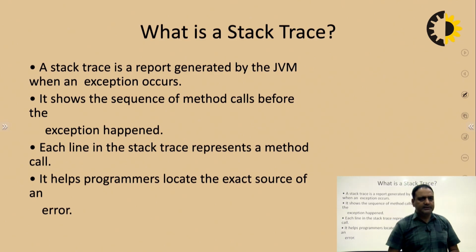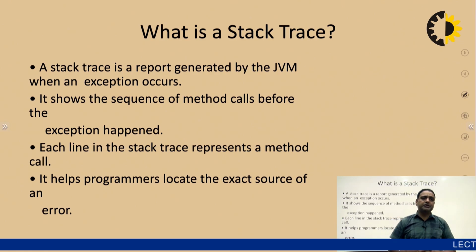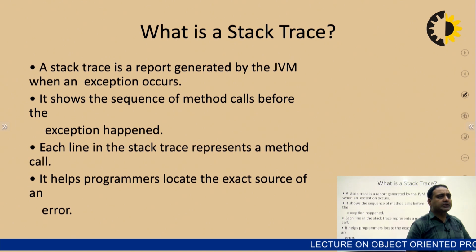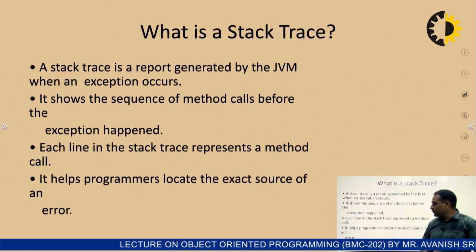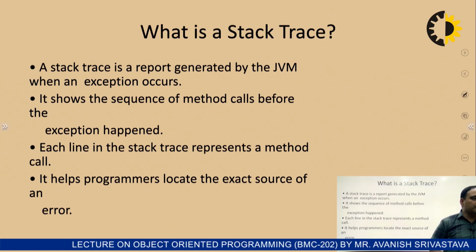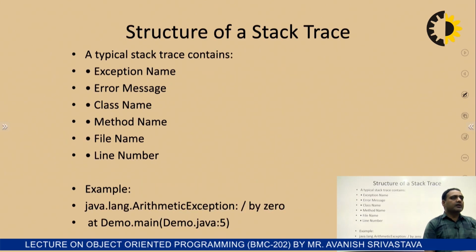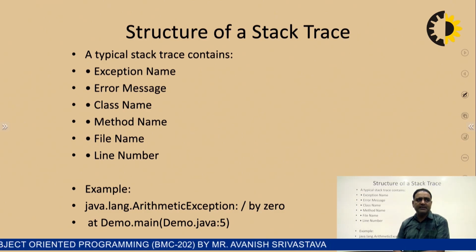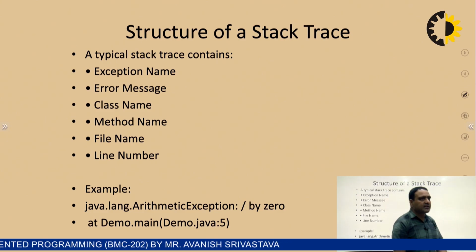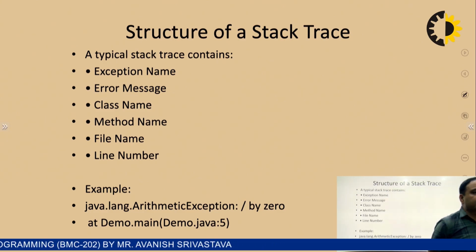This concept is used when we are using multi-method calls and when an exception occurs. It shows the sequence of method calls before the exception happened. Each line in the stack trace represents a method call. It helps programmers locate the exact source of an error. So, the structure of the stack trace: a typical stack trace contains the exception name, error message, class name, method name, file name, line number.